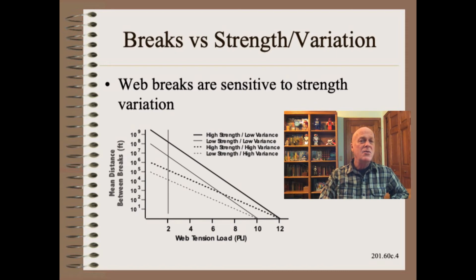Still, we can see the effects of both average strength and strength variation. They are about equally important. This has testing implications because while averages may be recorded, variation seldom is.